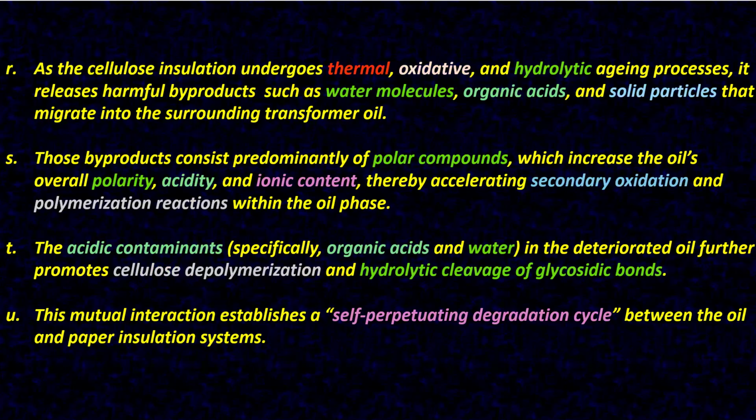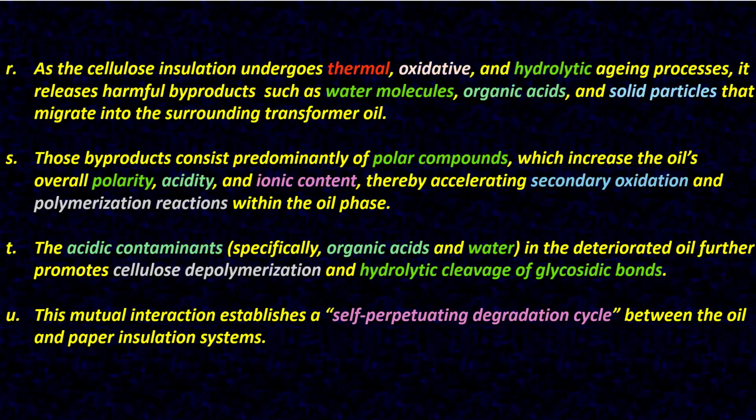As the cellulose insulation undergoes thermal, oxidative, and hydrolytic aging processes, it releases harmful byproducts such as water molecules, organic acids, and solid particles that migrate into the surrounding transformer oil. Those byproducts consist predominantly of polar compounds, which increase the oil's overall polarity, acidity, and ionic content, thereby accelerating secondary oxidation and polymerization reactions within the oil phase.